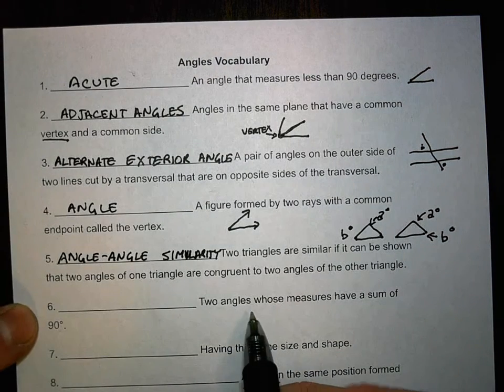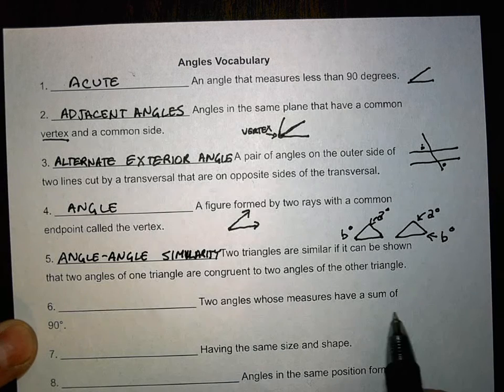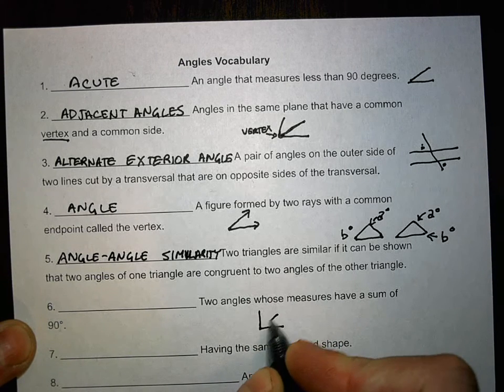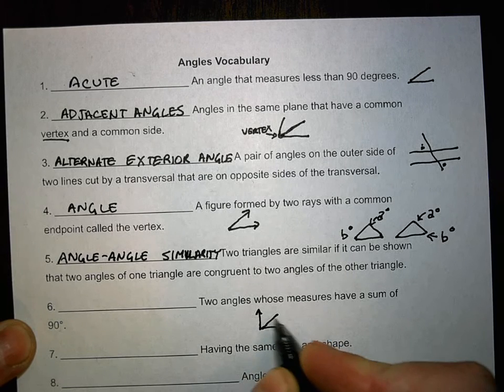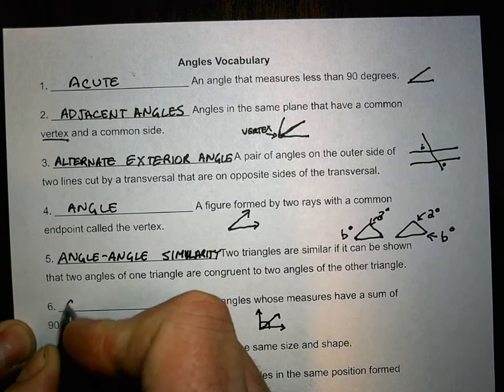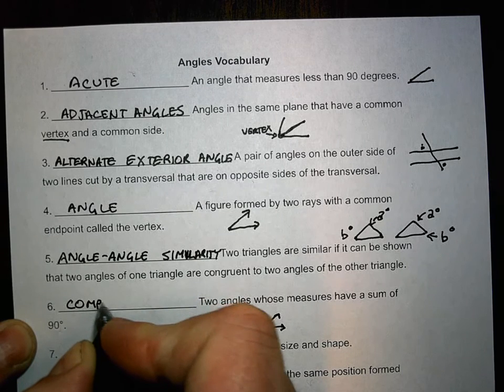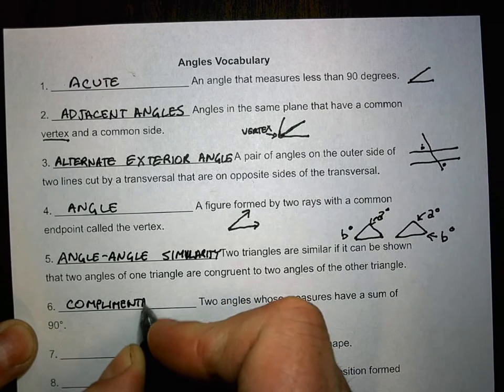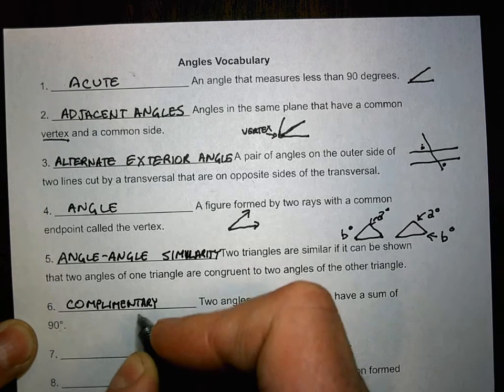All right, two angles whose measures have a sum of 90 degrees. So I've got a 90 degree angle, and I've got two angles, and their measures total 90 degrees. They're called complementary.